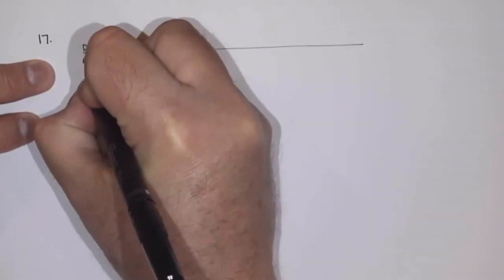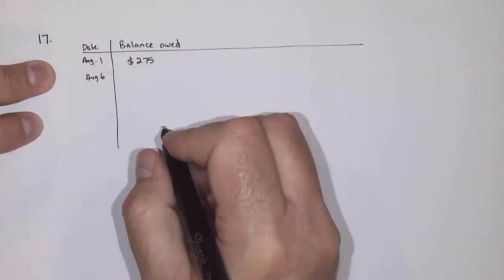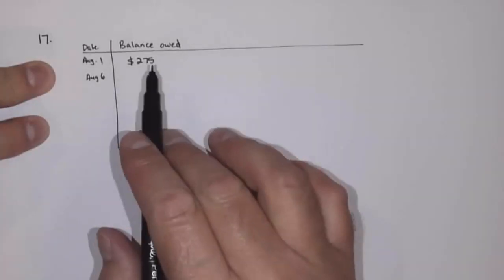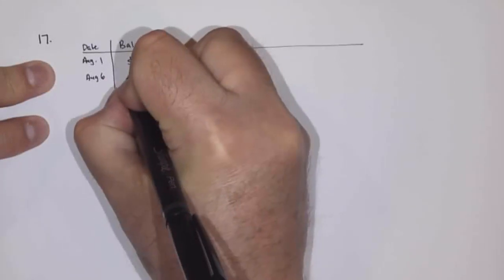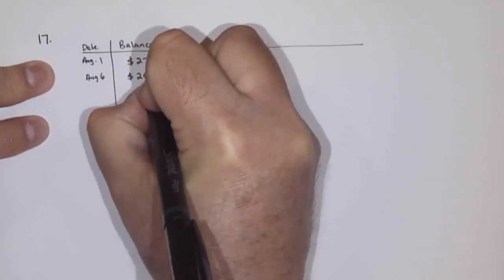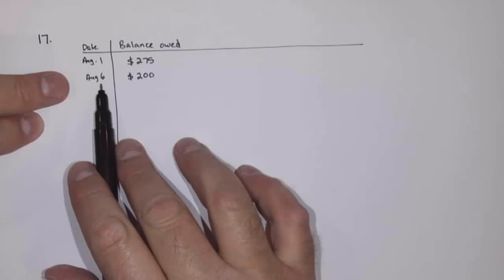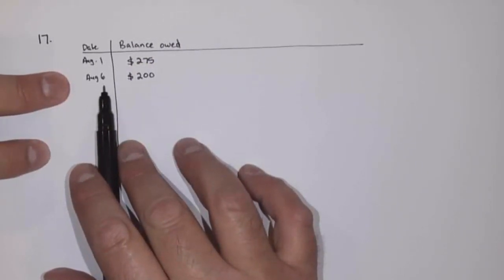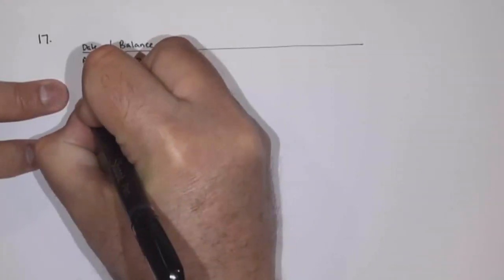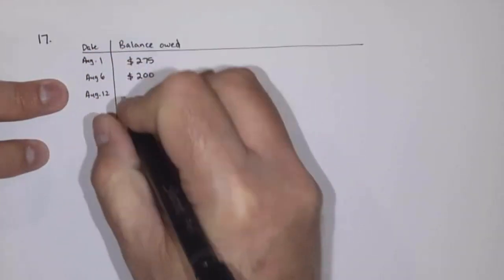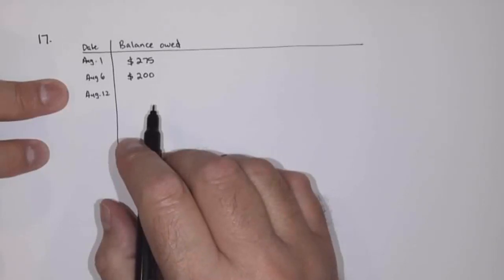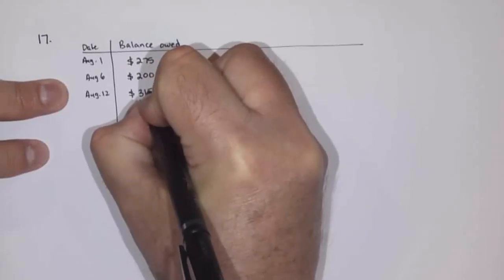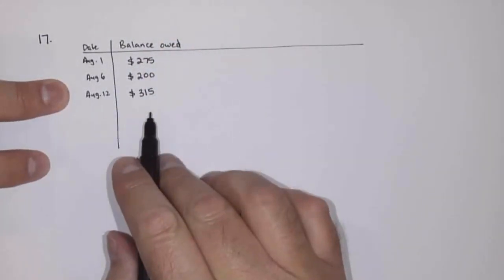Then on August 6th, there was a payment made of $75. So if we take the $75 payment off of that, the balance dropped to $200 on August 6th, and it stayed that from August 6th through August 11th. On August 12th, a purchase was made of $115, so the balance at that point went up to $315, $200 plus the $115 purchase.